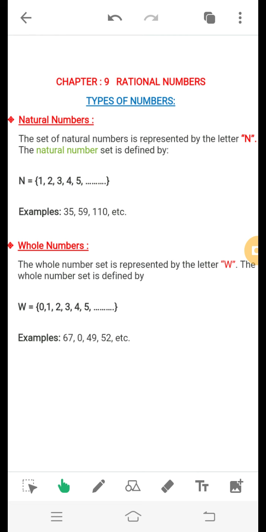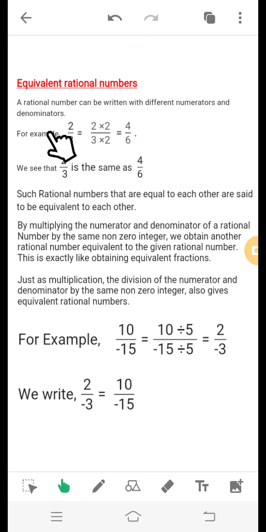Now, what are equivalent rational numbers? In the second chapter, Fractions, you learned equivalent fractions; the same concept applies to rational numbers. A rational number can be written with different numerators and denominators. For example, 2 divided by 3. The number above is the numerator, below is the denominator.